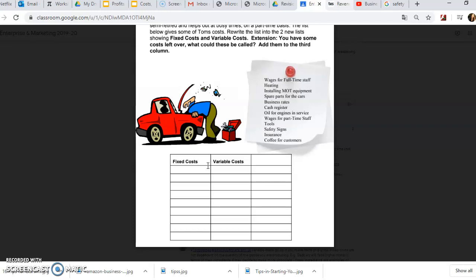So you can say coffee for customers could be a fixed cost because in my scenario, the mechanics always have the same amount of coffee for X number of customers. Whereas you can say it counts as a variable cost if you don't agree with this, because every time you give coffee out, it depends on the number of people that come in to ask for that service. So that would count as the output.